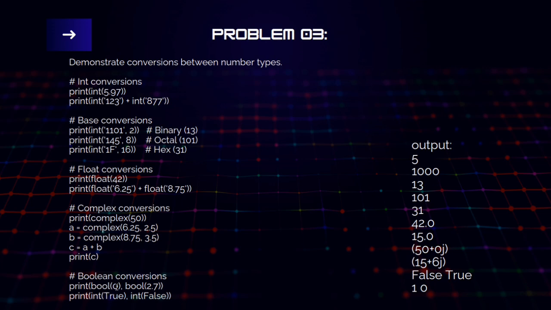Here 0 is being treated as false. Boolean 2.7 is treated as true. So print int true. Here true is a boolean type which is being converted to integer type, and this will give the output 1, and int false will give the output 0.